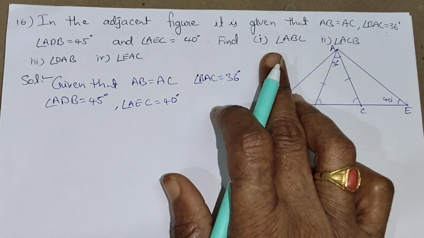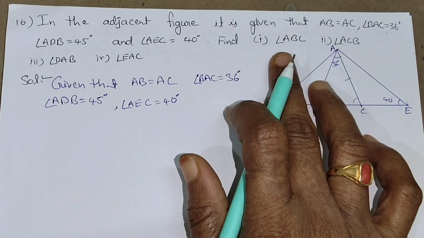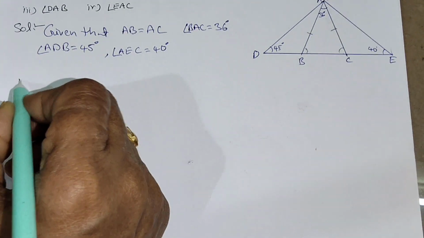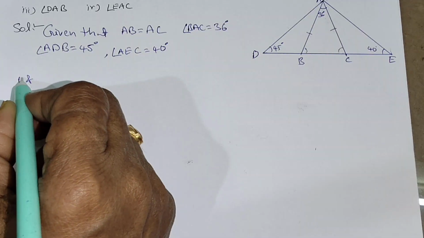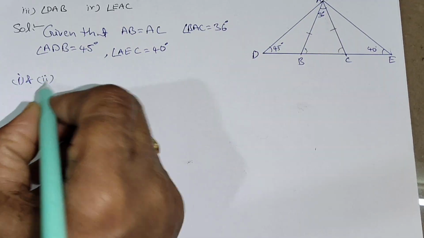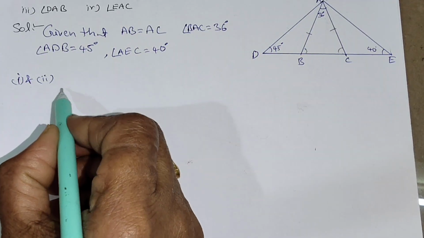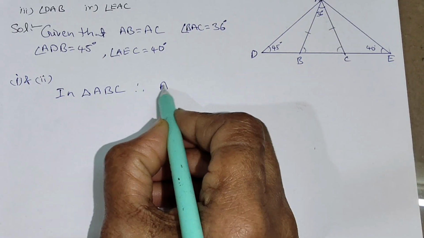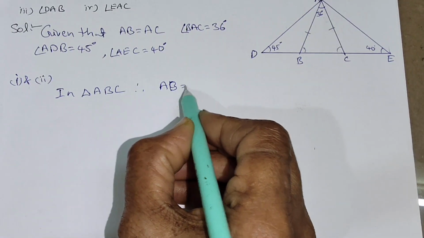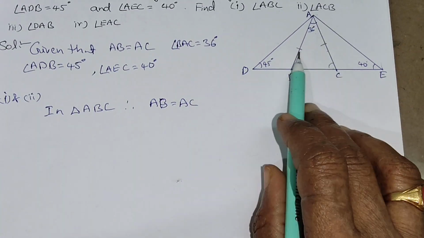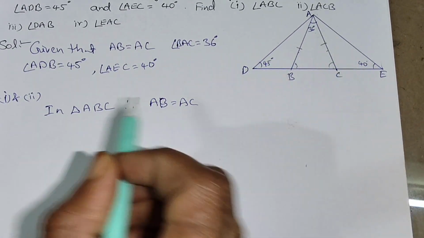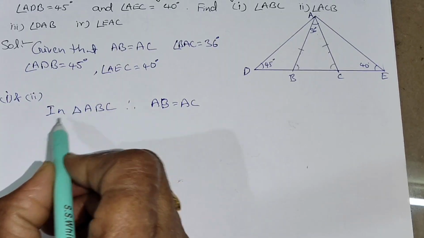So first we find these two angles at a time, the first and second answers. In triangle ABC, AB equal to AC, these two sides are equal, means opposite angles are also equal.